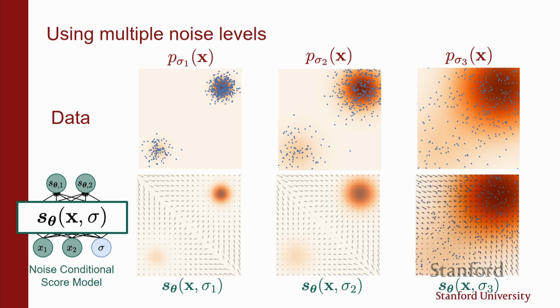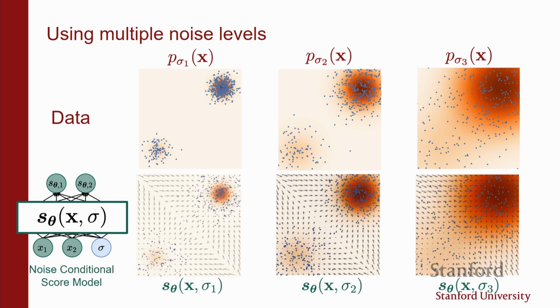You improve the quality of your samples a little bit, and then you use these samples to initialize a new Langevin dynamics chain where you're going to use the scores of the data distribution perturbed with a smaller amount of noise. And again, you follow these gradients a little bit, and then once again, you take these particles and you initialize a new chain for an even smaller amount of noise, and you keep doing that until sigma is small enough that you're sampling from something very close to the true data distribution.